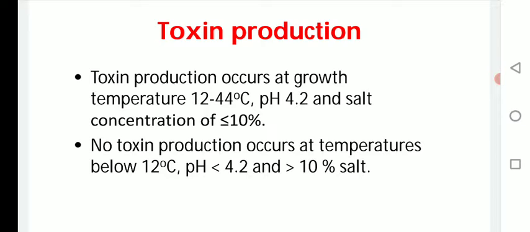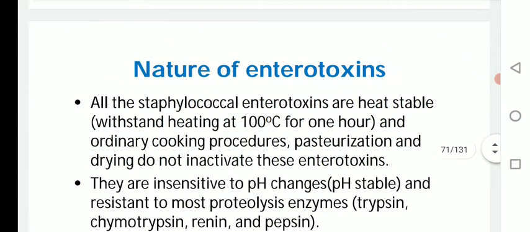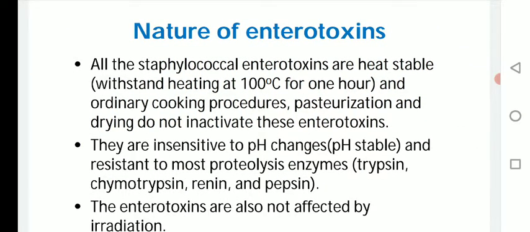No toxin production occurs at a temperature below 12 degrees Celsius, meaning at freezing temperature toxin production is not likely to occur, and similarly at pH greater than 4.2 and salt concentration greater than 10%, these are the conditions where toxin production gets stopped or no toxin production occurs.